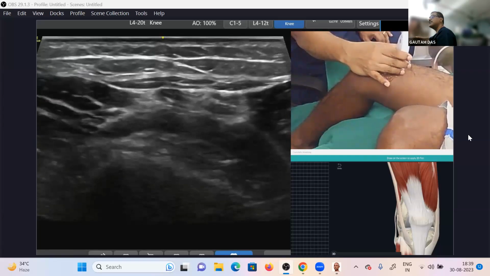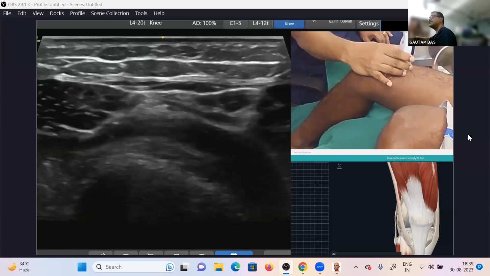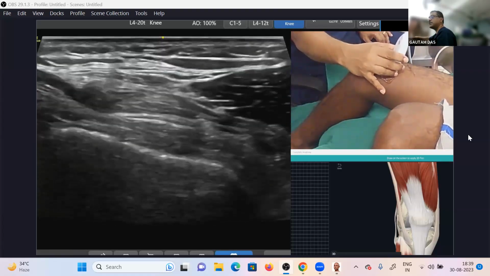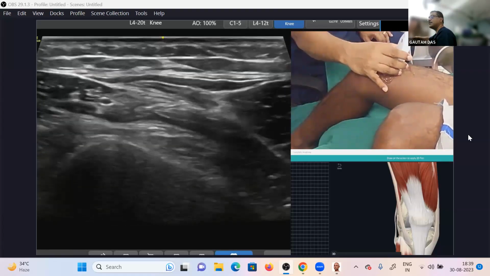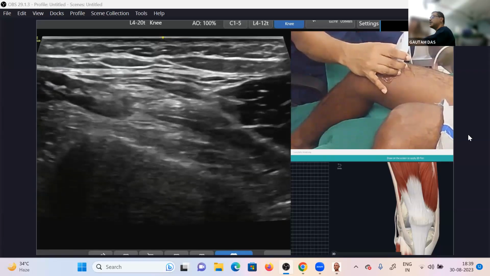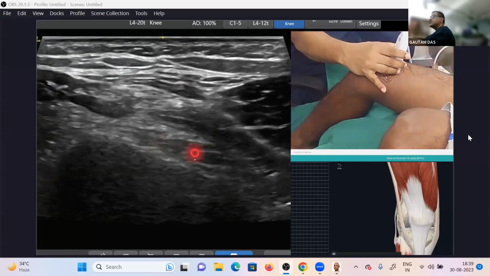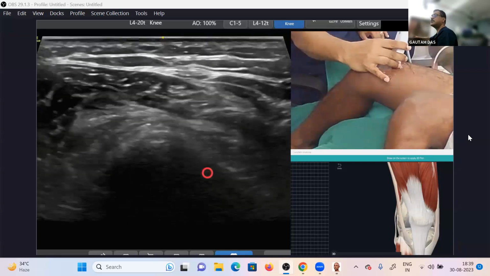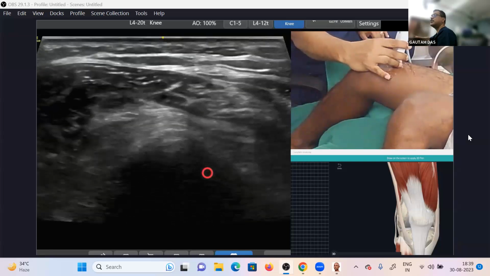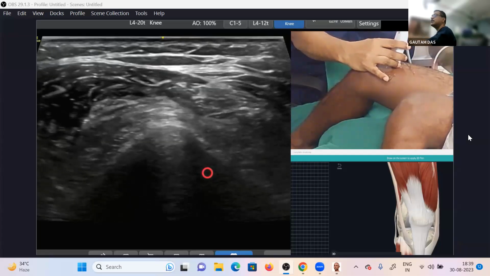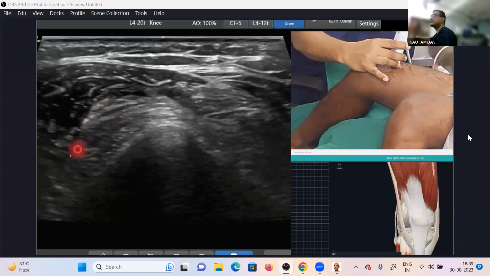You can see the tendons, except vastus lateralis; the medial 2 muscles have become tendons. And below is the articularis genu muscle, which is also very nicely seen here. If I come a little to the lateral side, you can see the iliotibial band. This is the iliotibial band, and here is your rectus muscle.